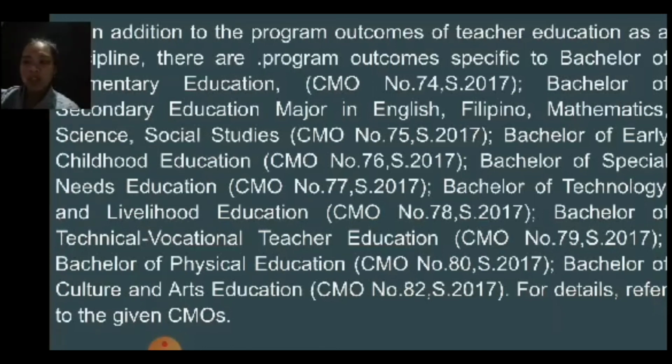Bachelor of Technology and Livelihood Education, CMO number 78 s. 2017. Bachelor of Technical Vocational Teacher Education, CMO number 79 s. 2017. Bachelor of Physical Education, CMO number 80 s. 2017. Bachelor of Culture and Arts Education, CMO number 82 s. 2017. For details, refer to the given CMOs.